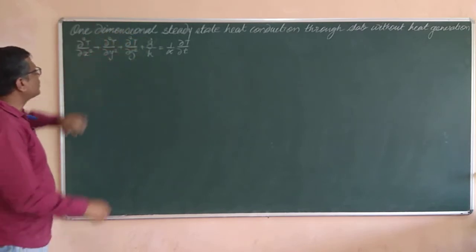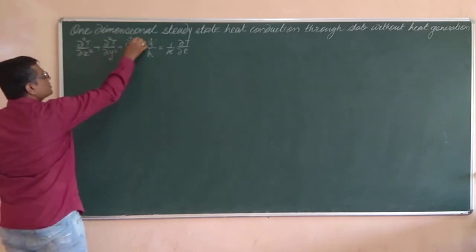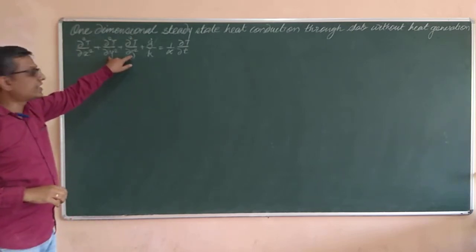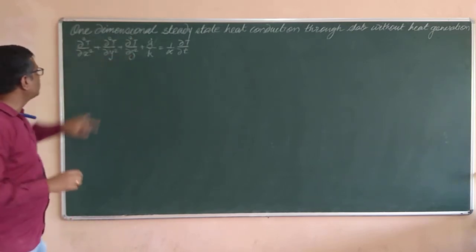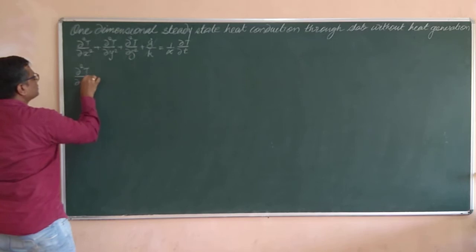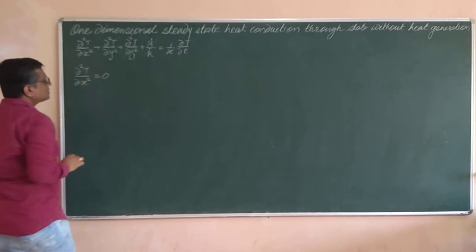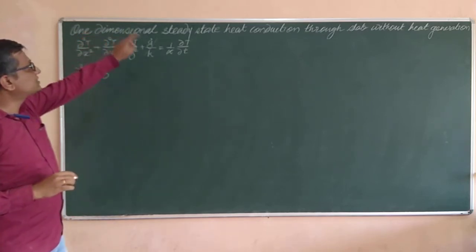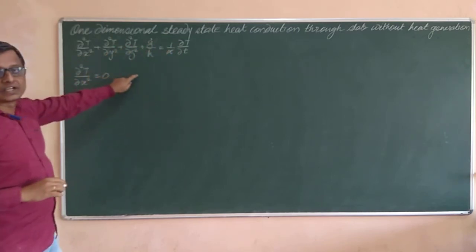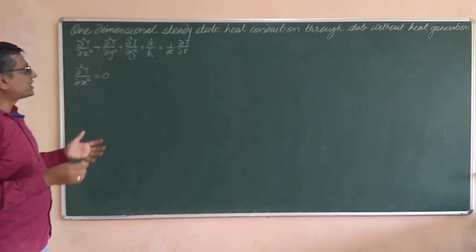One-dimensional means we are going to cancel out the temperature variation or the temperature gradient in y and z direction. So the equation we will have is ∂²T divided by ∂x² is equal to 0. Now this is the one-dimensional steady state heat conduction equation applied to a slab without internal heat generation. Now we are going to analyze this equation.